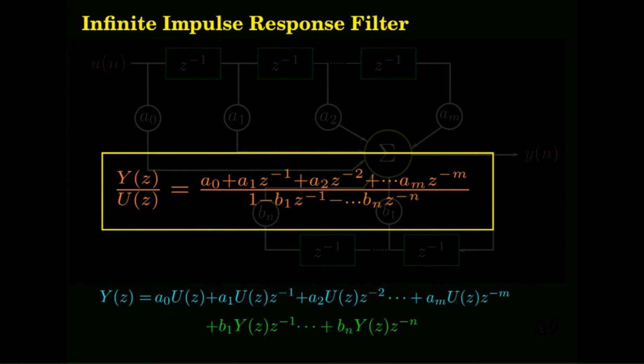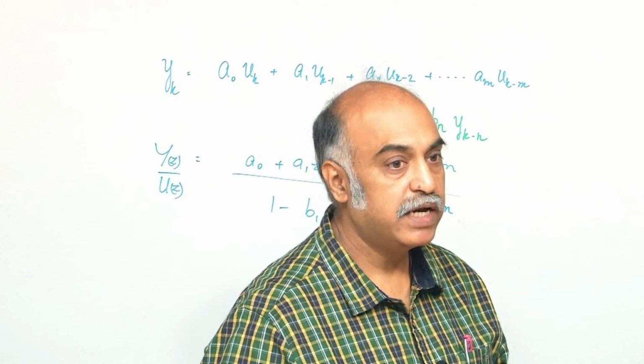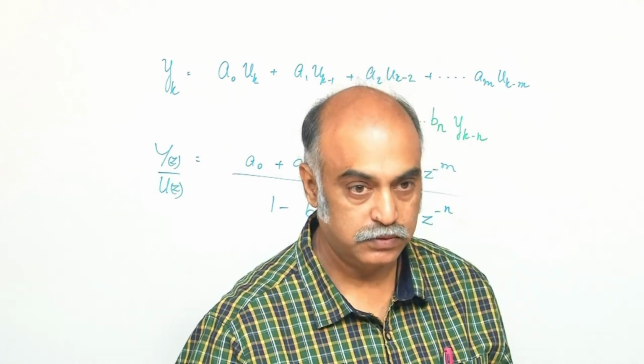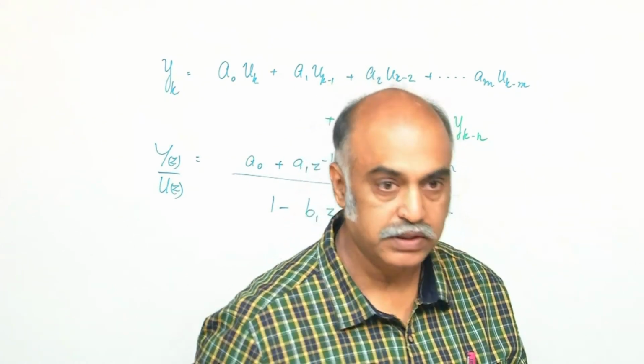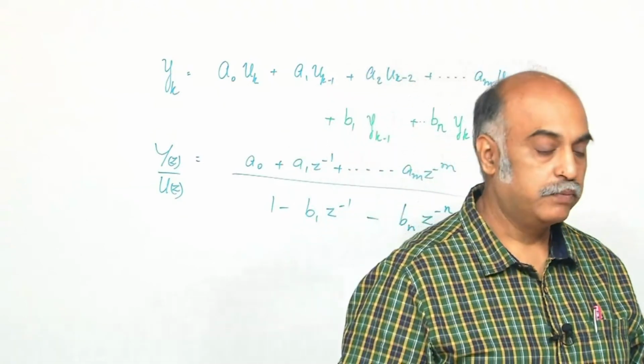What is special about this transfer function as compared to the earlier one? You can also decide on the poles. See, in the case of the FIR filter, you can design for only the zeros. You don't have flexibility in designing for the poles, right? All poles are fixed at z is equal to 0.